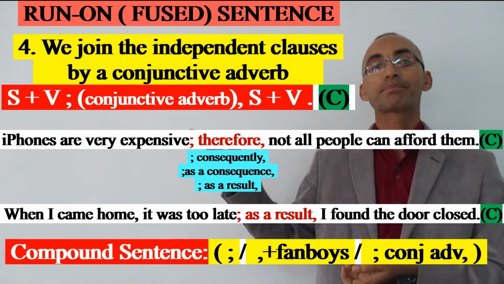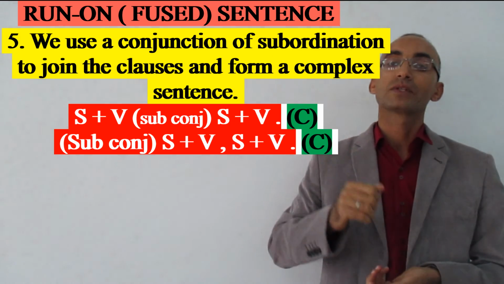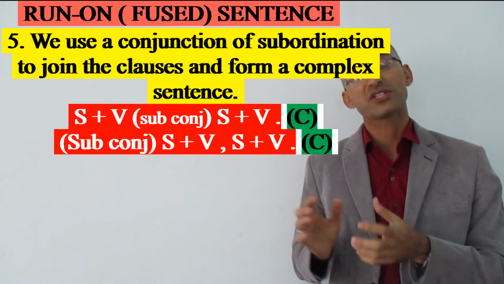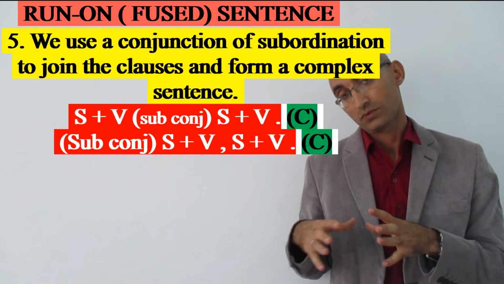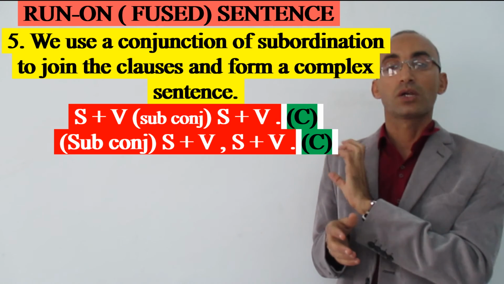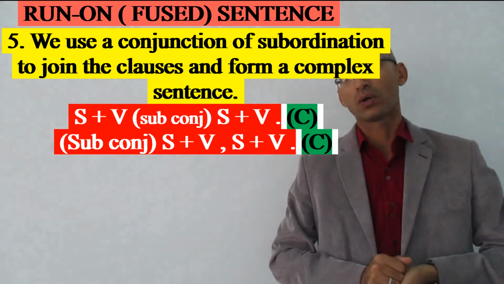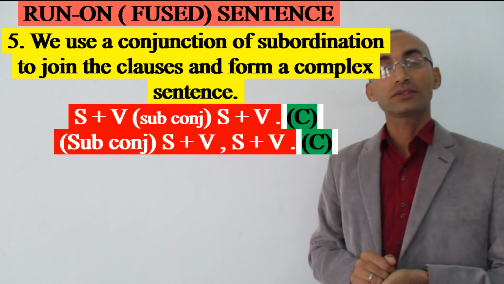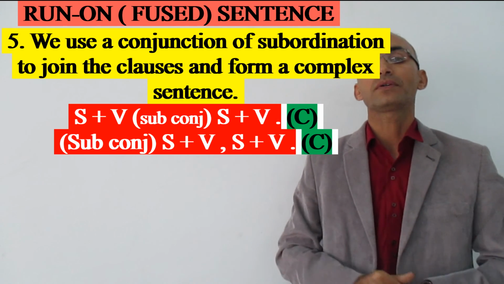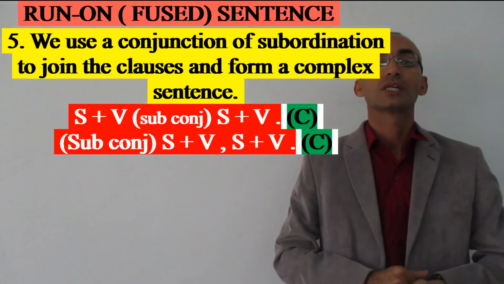Now also the fifth way, number 5, I can use a conjunction of subordination, which suits the logical relationship between the two independent clauses, and join these two clauses together. Here I'm going to form a complex sentence, of course.